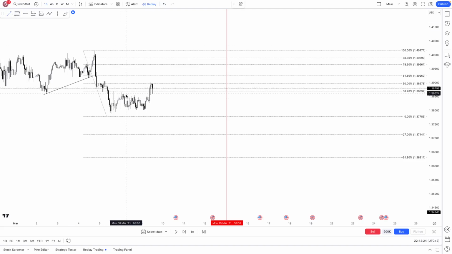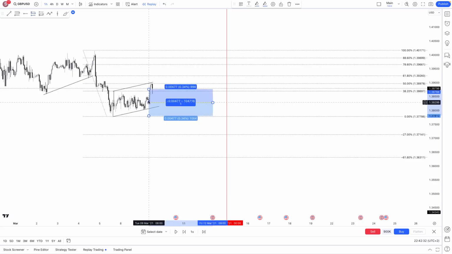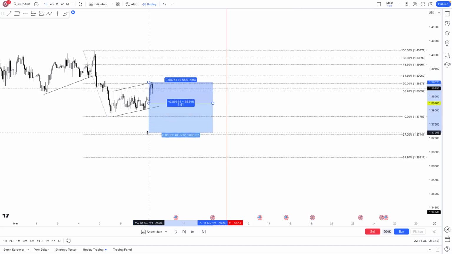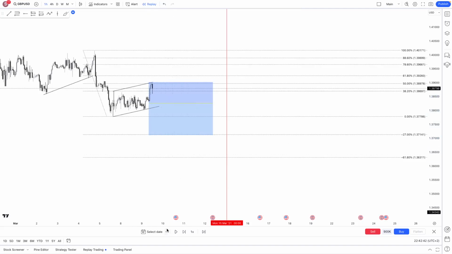So this can push lower without making any pullback. So if it does break to the downside, I want to be in the trade.